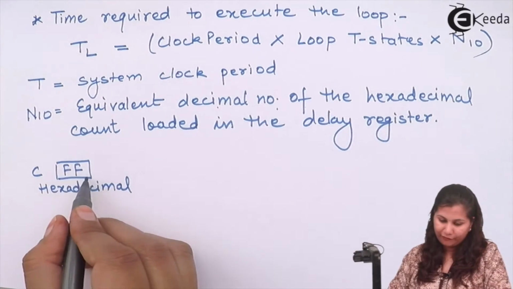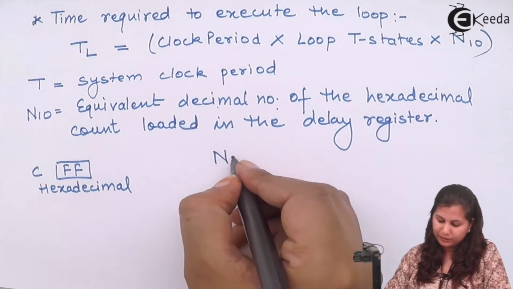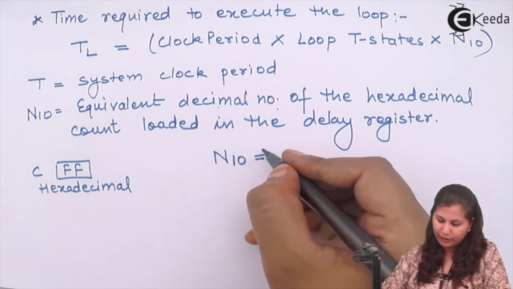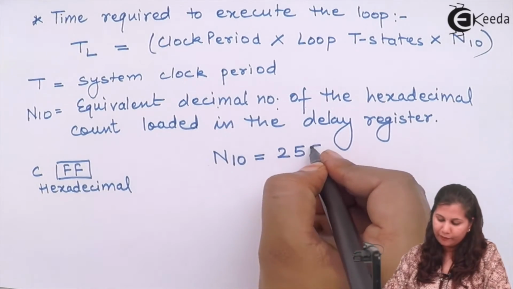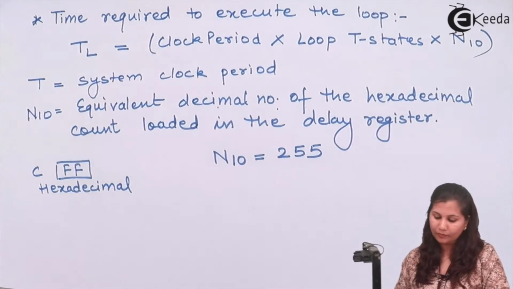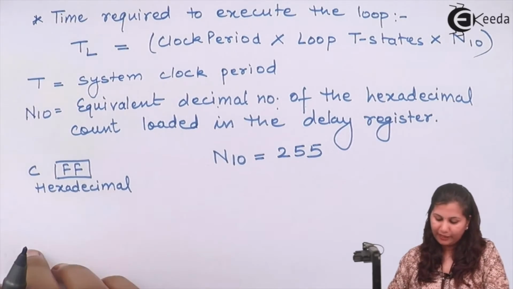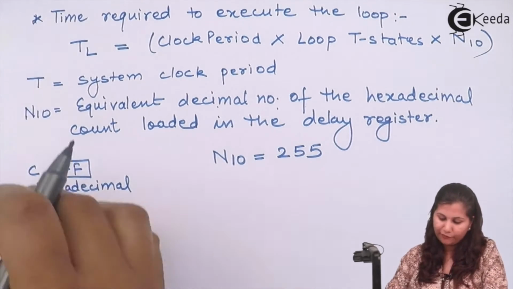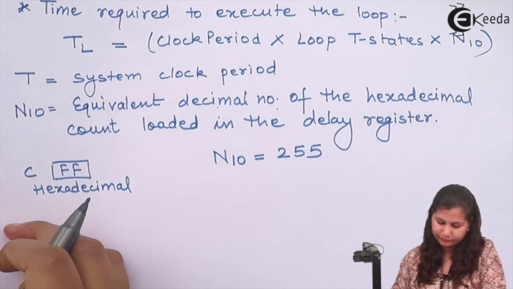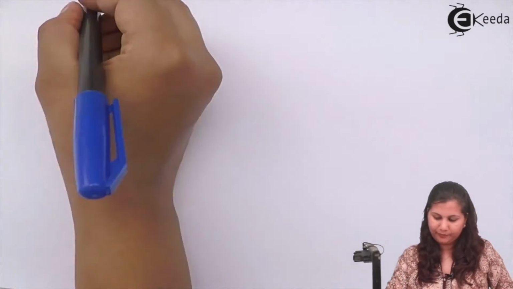Here we have FF as the hexadecimal count. If we convert this, it will come out to be 255.